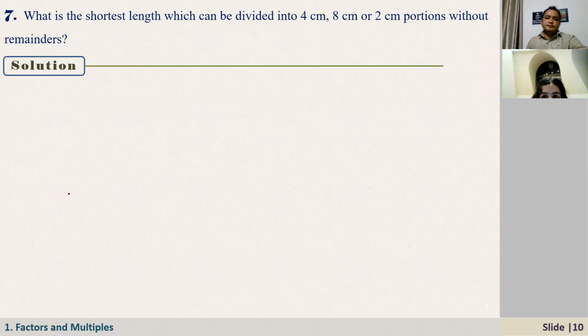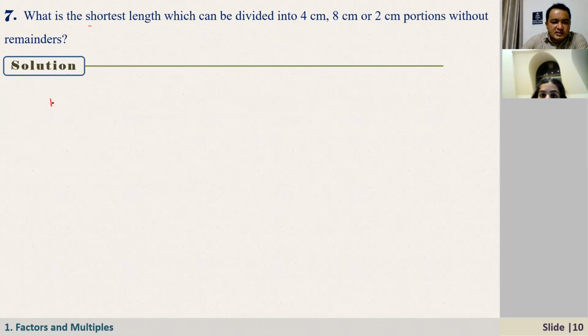Let's see another question. Read the question. What is the shortest length which can be divided into 4 centimeters, 8 or 2 centimeters portions without millimeters? Okay. We need to find the LCM, similar to the previous question, because it says, what is the shortest length?